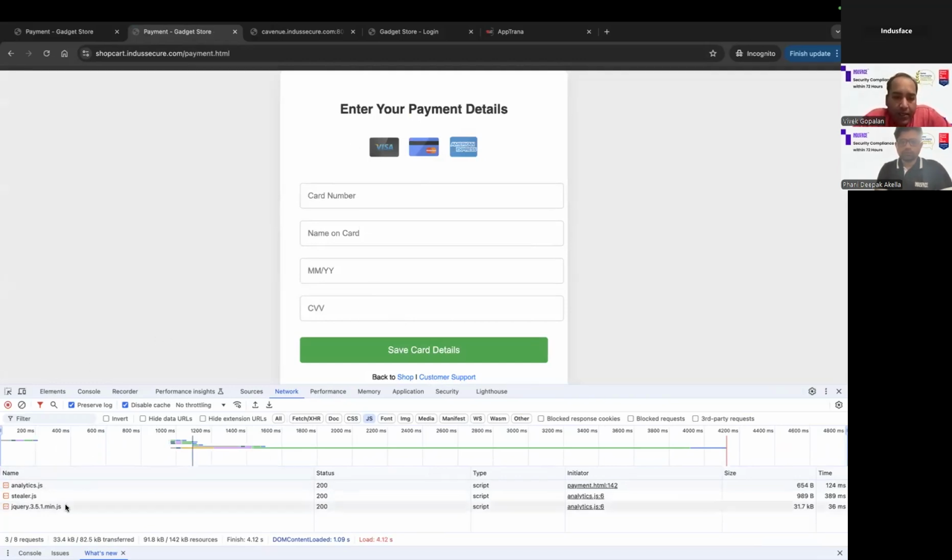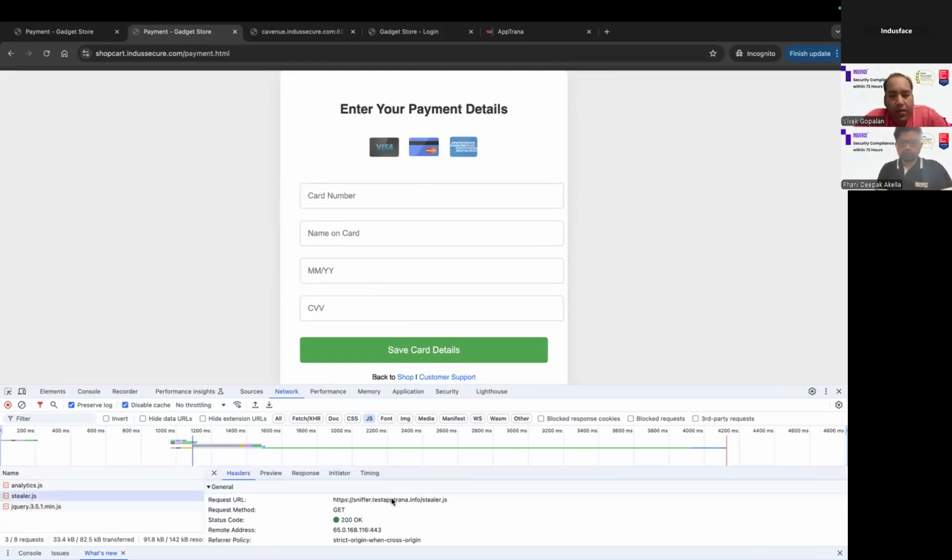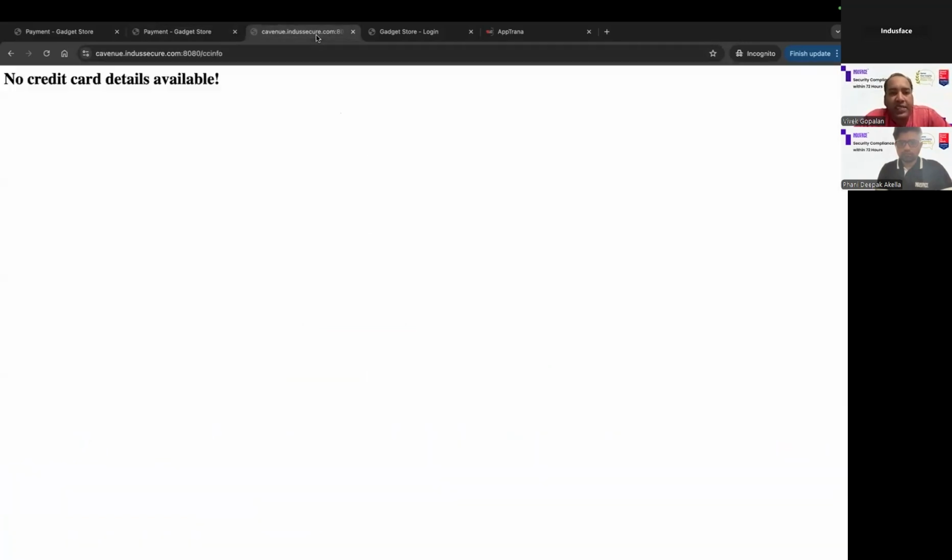But if you look deeper into the network packets, you can see that a stealer.js is sneakily also added. This stealer.js is loaded from a malicious sniffer server, and it is sending data to it.